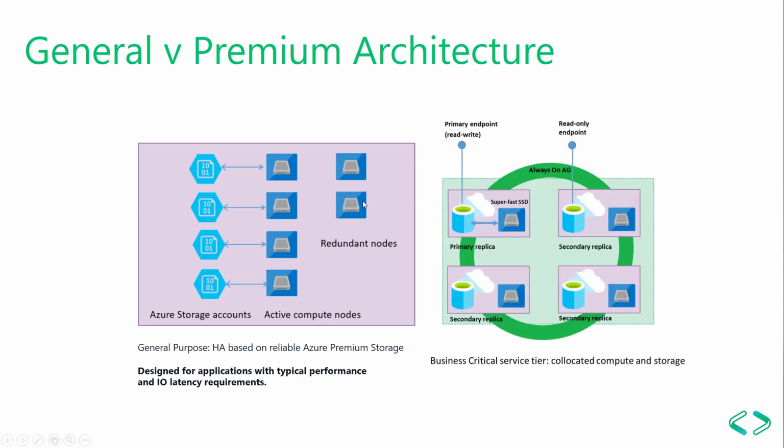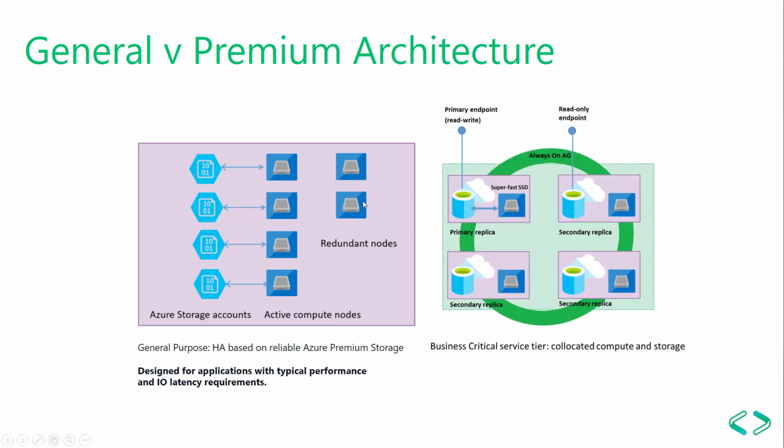Now, the second offering is a completely different architecture where the compute and the storage are co-located. So what you get is a node that has a super fast SSD, some of the NVMe SSD, I think we've benchmarked it at about a gigabyte per second or so. And what you get is up to 4 endpoints, so 2 by default, and you can get 4 if you want, with an always-on availability group synchronously replicating the data between them.